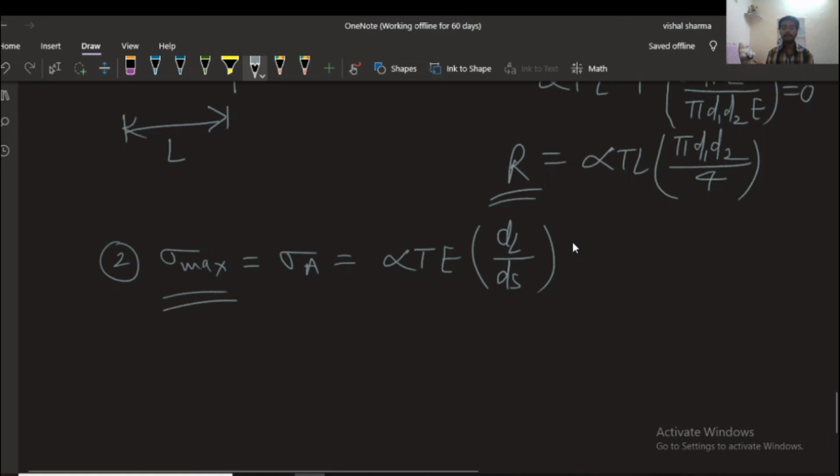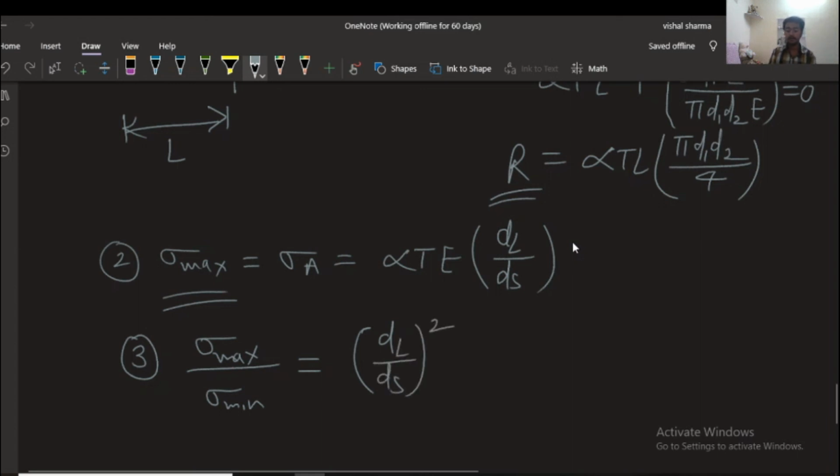The third one is if you are required to find the ratio of the maximum stress and minimum stress in the conical bar, then it will be equal to D larger upon D smaller, whole square. From this formula you can calculate the ratio of the maximum and the minimum stresses in the beam.